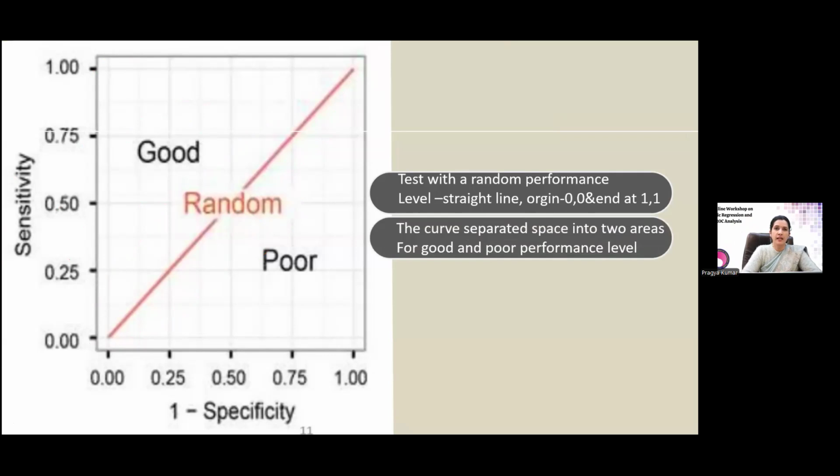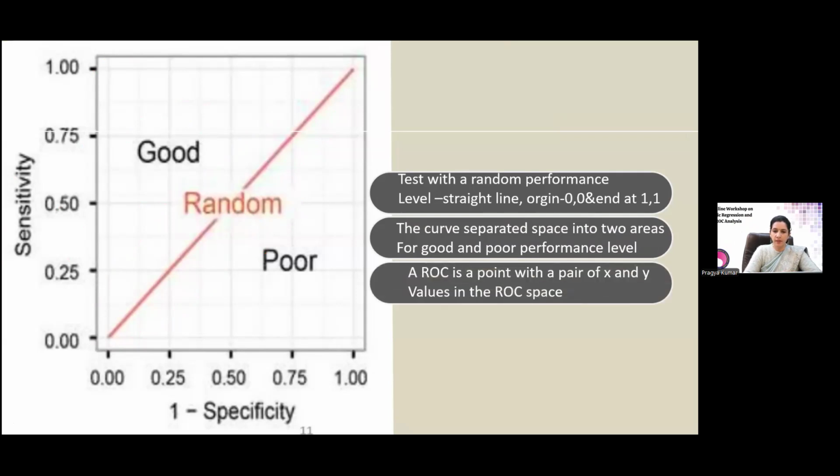So again, this diagonal line separates the curve into two areas for good and bad performance levels.